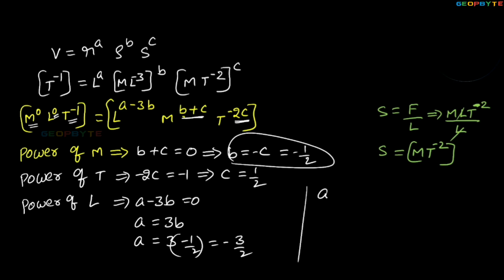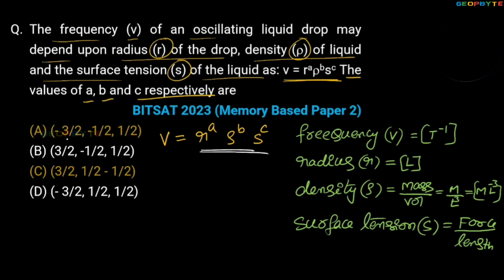So the value of a is minus 3 by 2, b is minus 1 by 2, and c is plus 1 by 2. That is the answer: minus 3 by 2, minus 1 by 2, 1 by 2. Look at option A, it is absolutely correct.